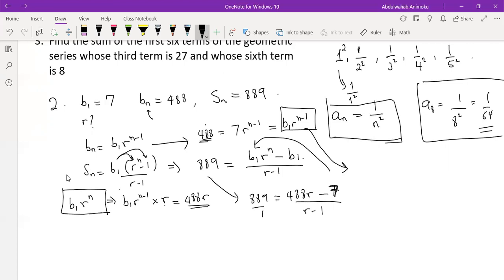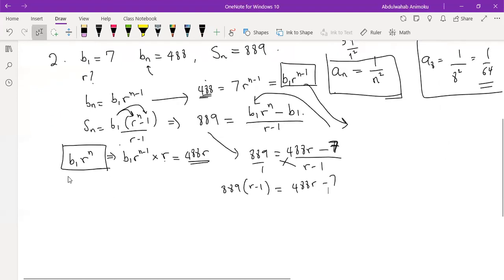Then you're now ready to cross multiply. So when you cross multiply, you have 889 times r minus 1, and this is equal to 488 r minus 7. So expand. So again, I will expand this by multiplying 889 through the bracket. I would have this. Okay, good.